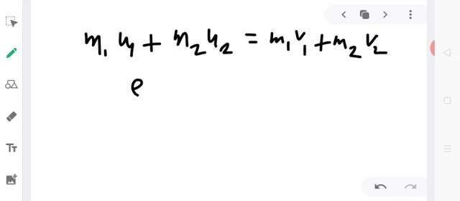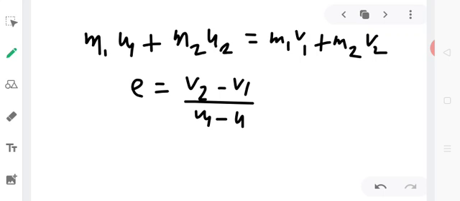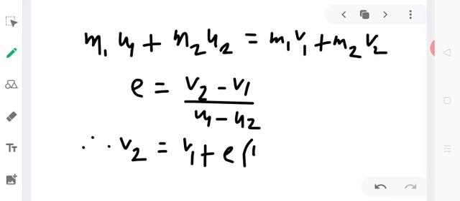So the coefficient of restitution is given by e equal to (v2 minus v1) by (u1 minus u2). So we can write down v2 to be equal to v1 plus e times (u1 minus u2) from this formula. Let us substitute this expression for v2 in the above formula.